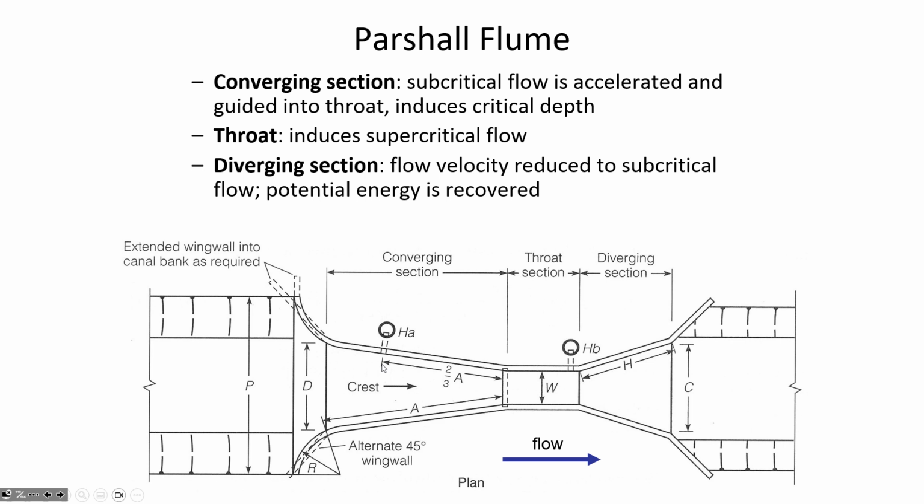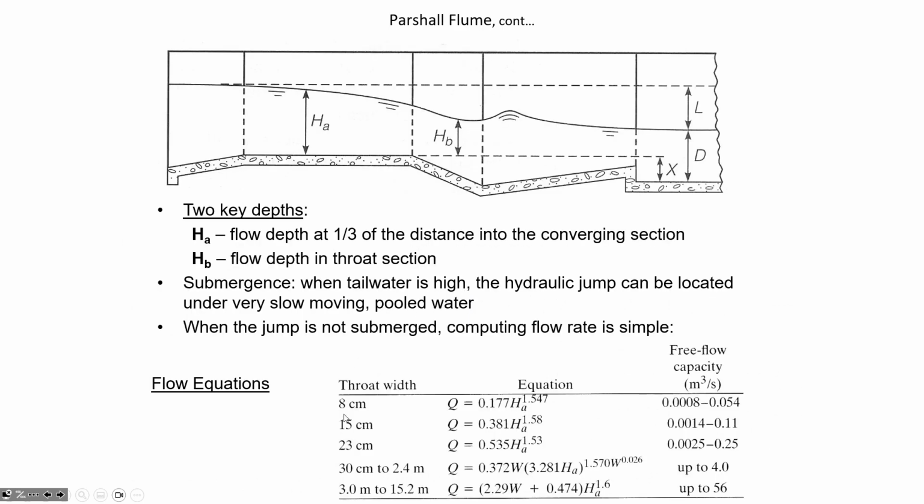But if there are ripples in the flow, it can be harder to get an accurate measurement of the depth. So instead, sometimes they'll have a connecting well and a tube outside of the flume, with graduated markings on the side of the tube, to measure the depth of the flow at those two locations. So up to a width of about a foot, the flow rate depends only on the upstream depth.